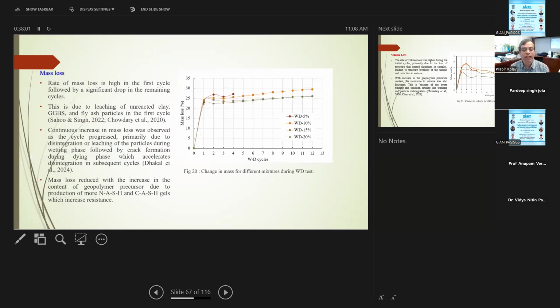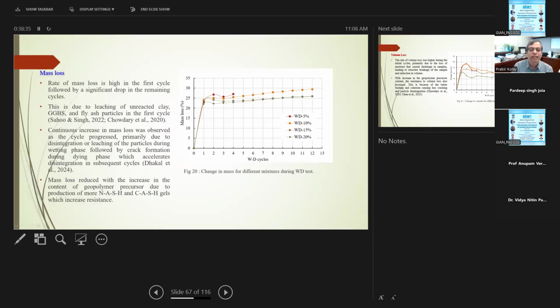If you calculate the mass loss with wetting and drying, the mass loss for 5% is much higher compared to the 20% WD, and 20% and 50% are almost the same. We need to check which one. More mass loss is not good, right? Less mass loss is better.